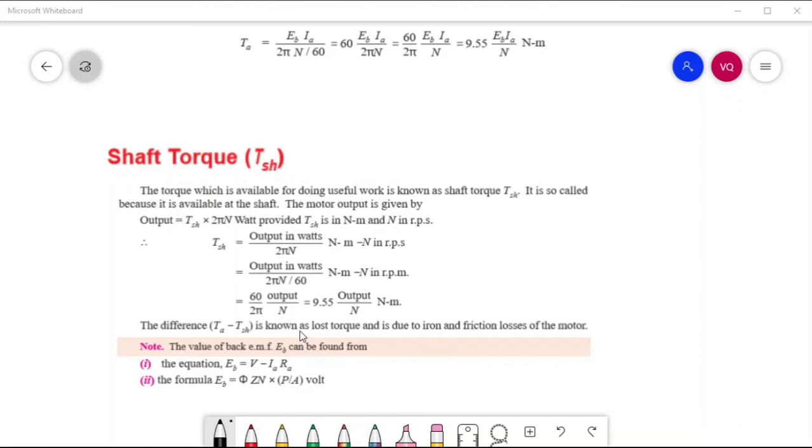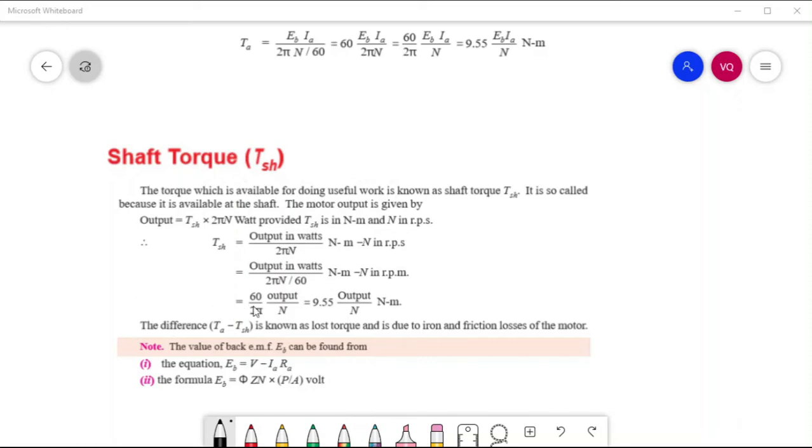It is called so because it is available at the shaft. So this is the output torque. The motor output is given by TSH multiplied by 2 pi n in watts, provided shaft torque is in Newton meter and n is in RPS.